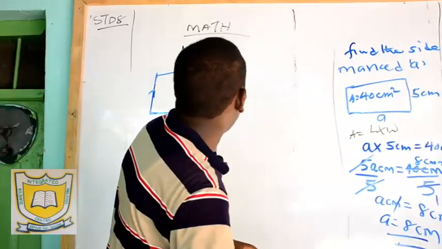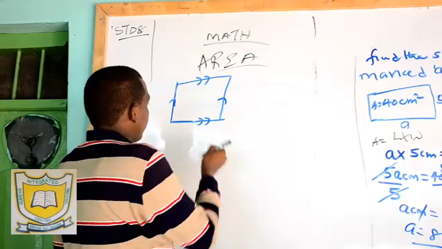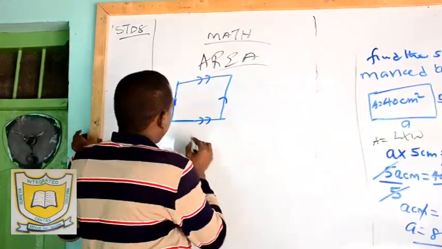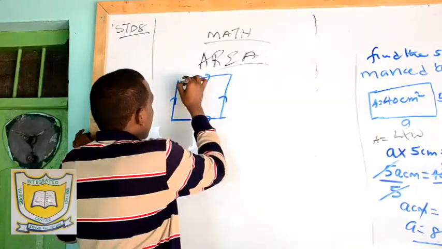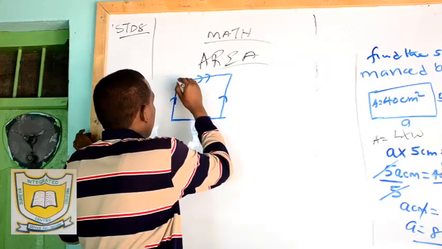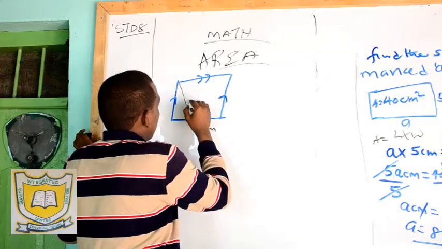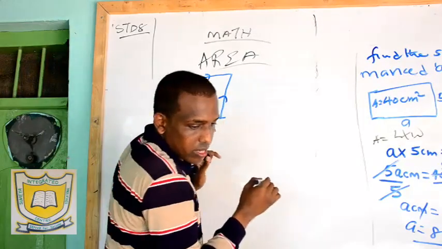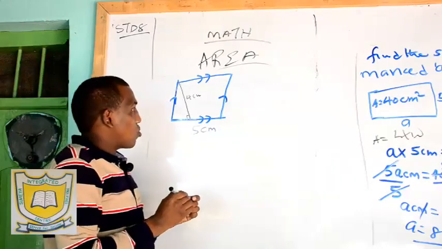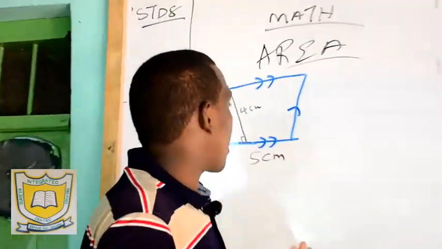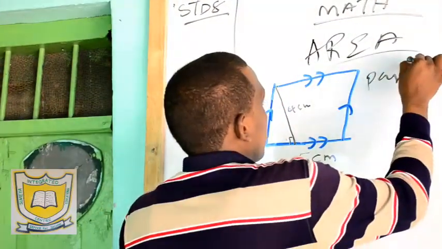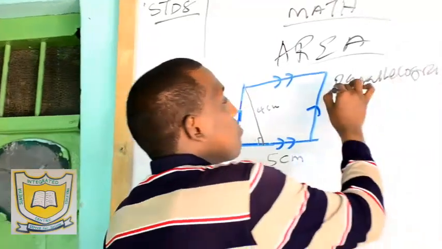Then they said here you are given 5 centimeter, and then they said here is 4 centimeter. So now this one is a parallelogram.